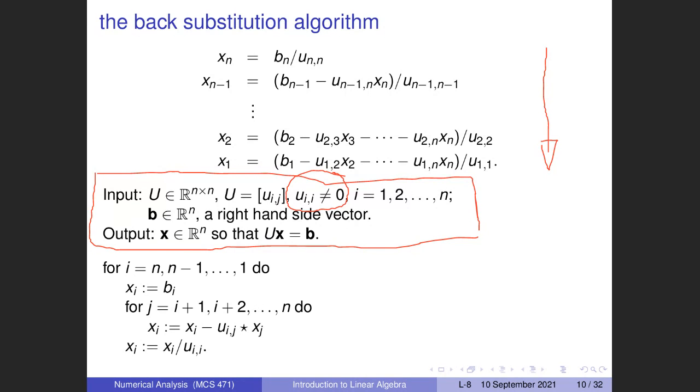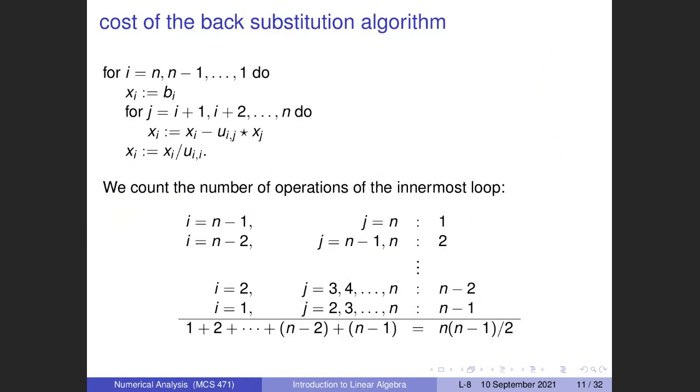All right. What is now the cost of this algorithm? So the cost is quadratic in the dimension. So the main parameter is the number of equations and the number of variables.